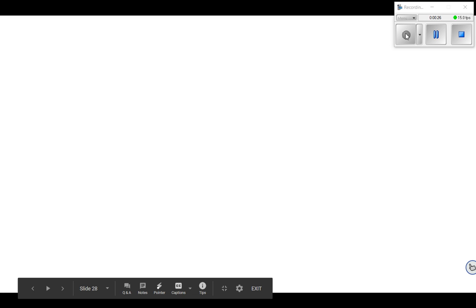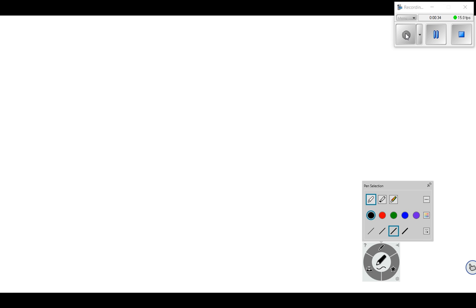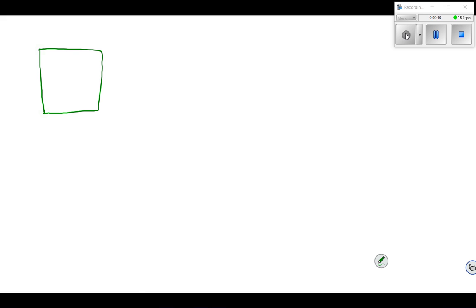Let's start with chloroplasts. The chloroplast is the organelle inside of the plant that's responsible for photosynthesis. So I'm going to be cliche, and I'm going to pick a green pen so that we can draw this. Actually, I'm going to start off by drawing a plant cell. Plant cells are square. It has a cell wall and a cell membrane.